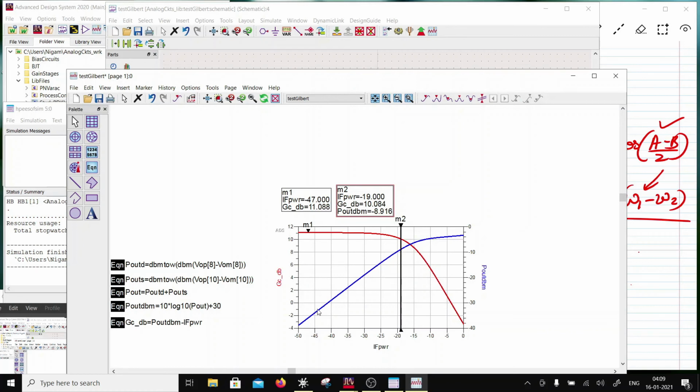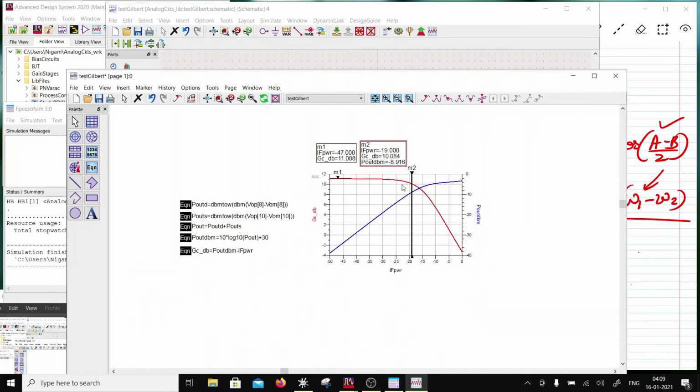So the mixer is linear, okay, up to output of minus 8.9, right, and input power of minus 19. So at the input power of minus 19, the mixer is going to compress by 1 dB.